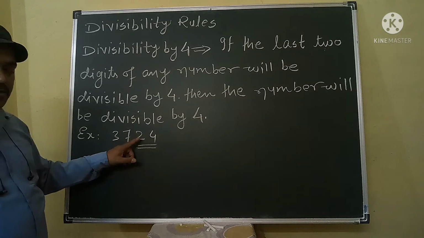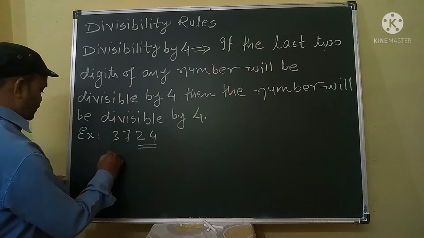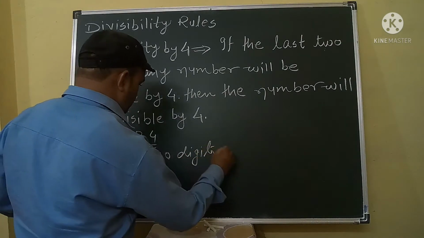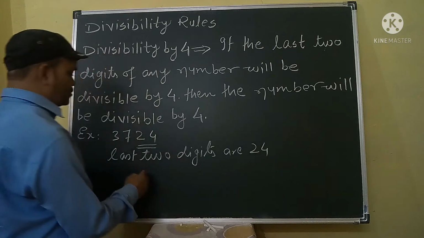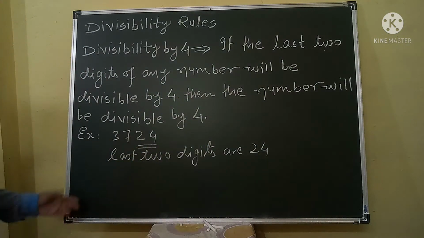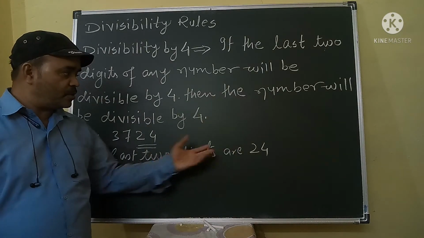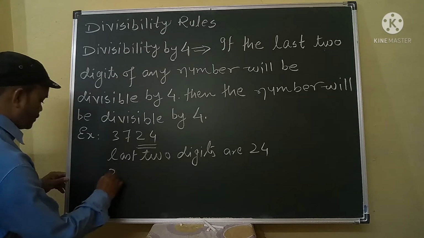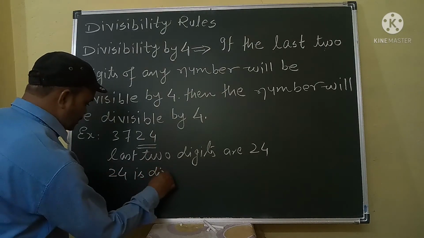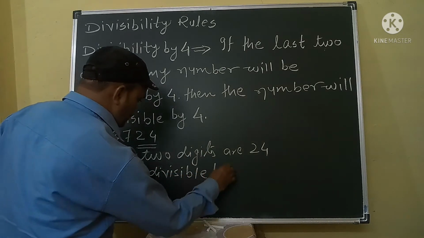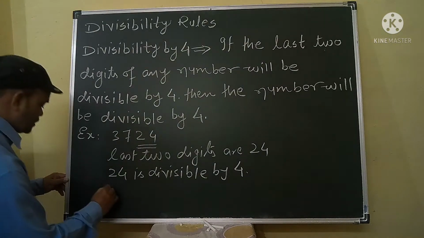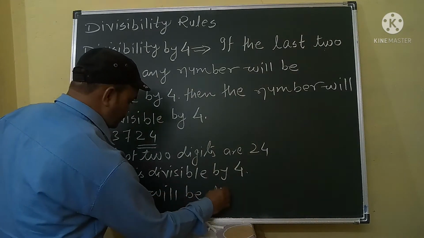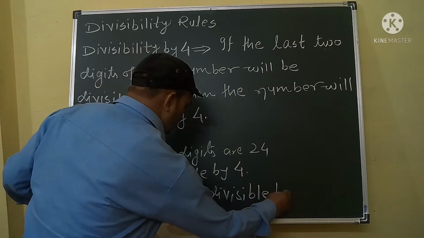In 3724, the last two digits are 24, and you know very well 24 is a multiple of 4, or 24 is divisible by 4. That means 3724 will be divisible by 4.